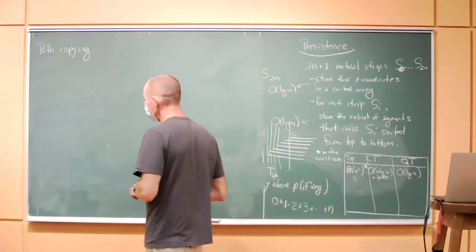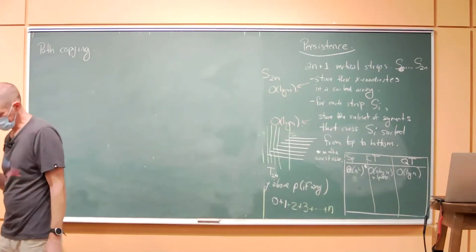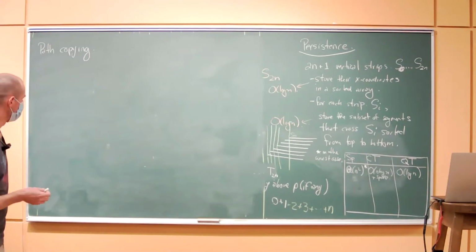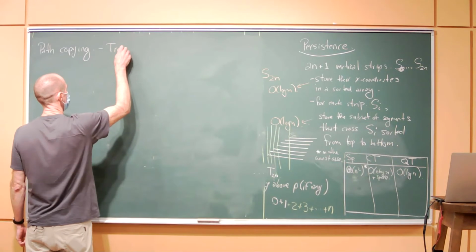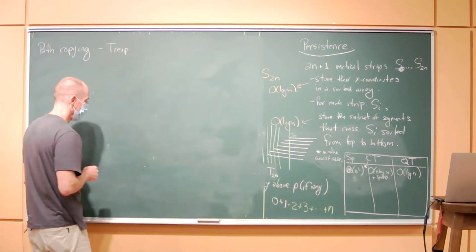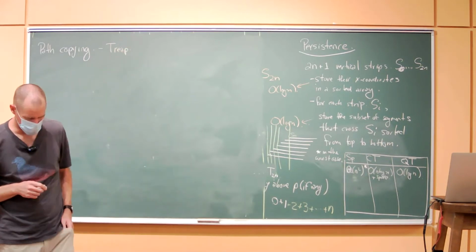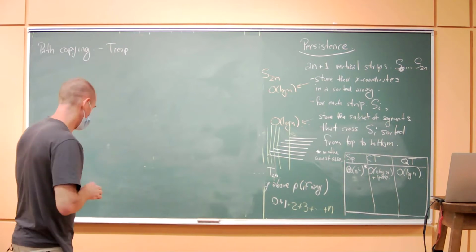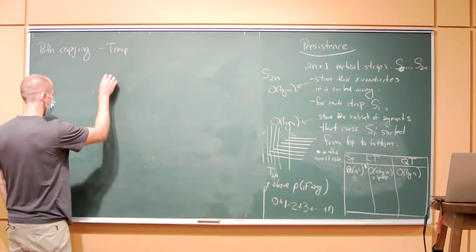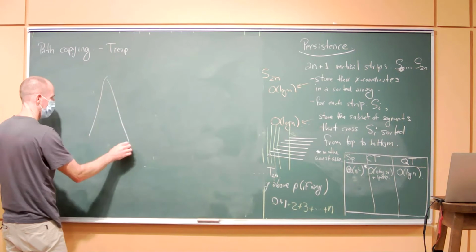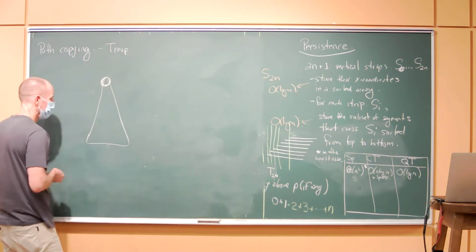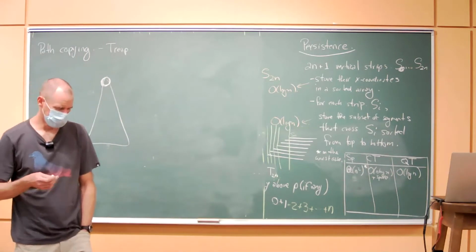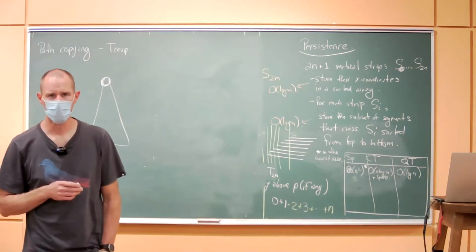So we will stick with a treap for now, because that's the binary search tree that we looked at. Remember, a treap is just a binary search tree. I'll draw it like a triangle. It has a root, and you can add or remove things from it.